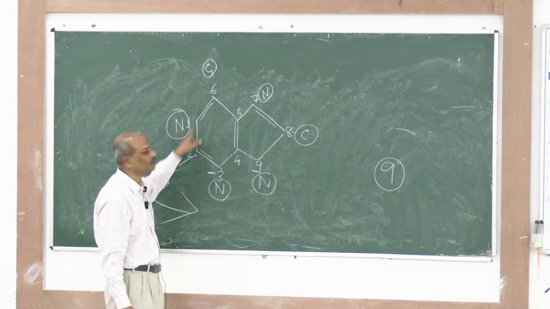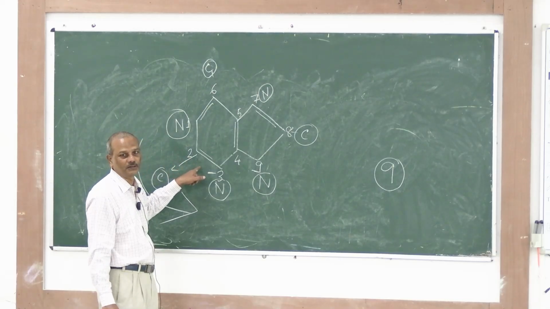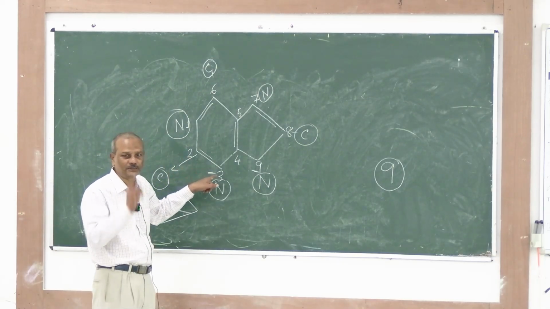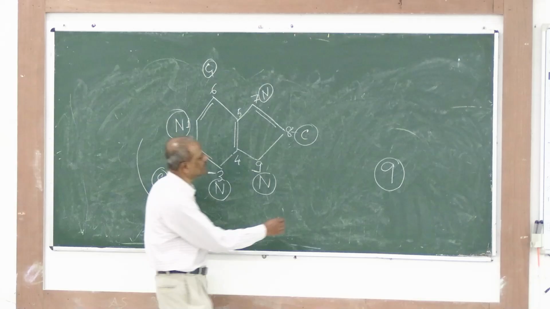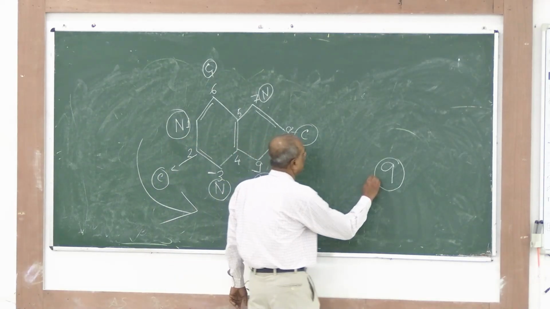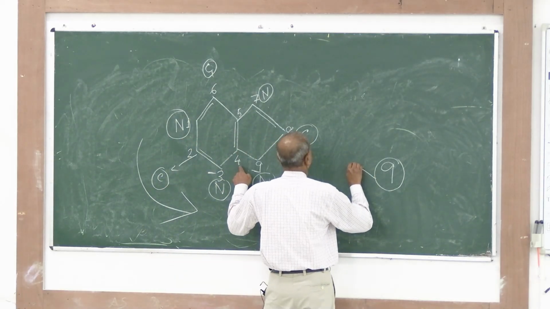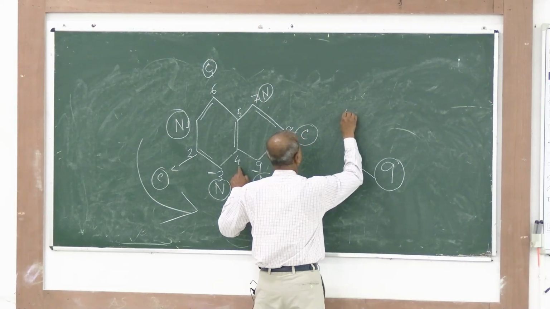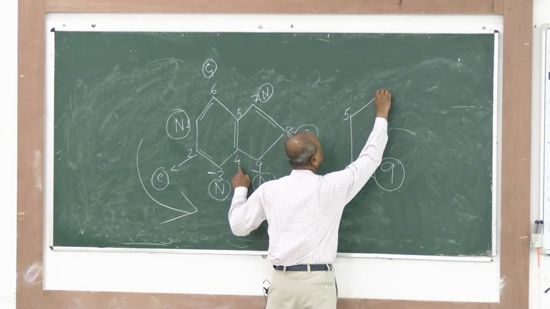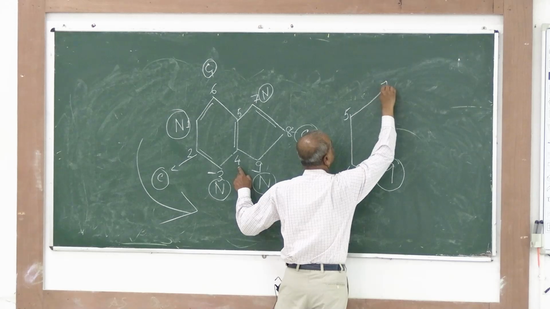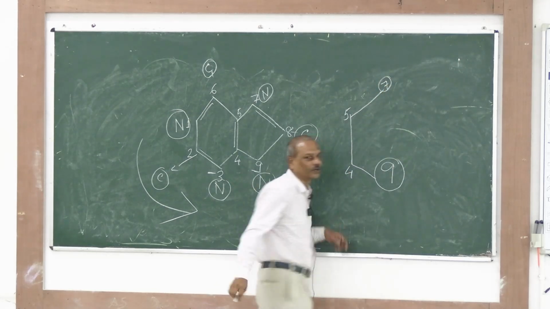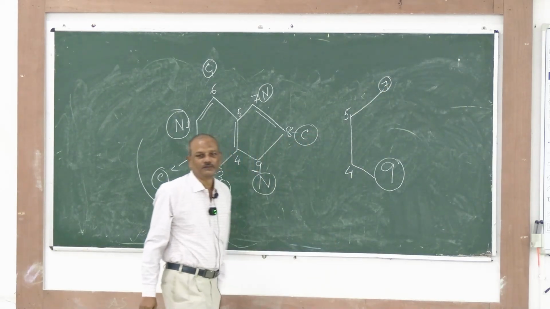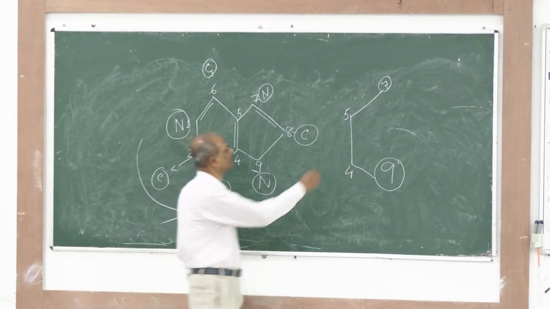Then the rest of the pyrimidine ring is formed and then closed. Usually it starts from 9 and then you have 4, then 5, then 7 at a time. Do you understand? Then 8.